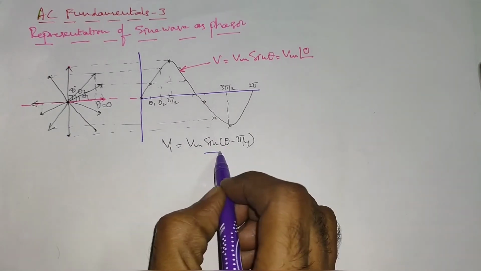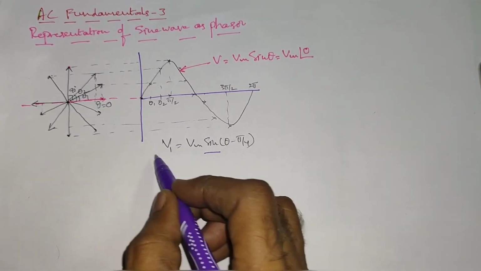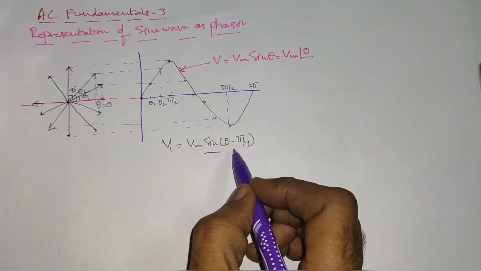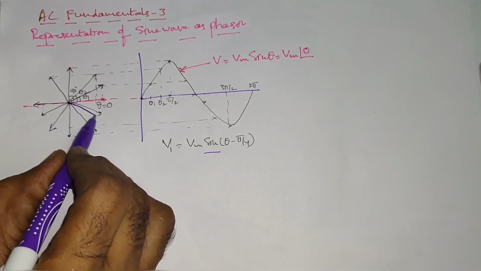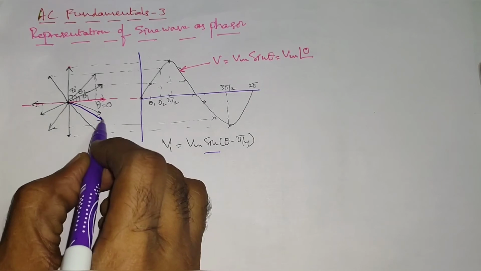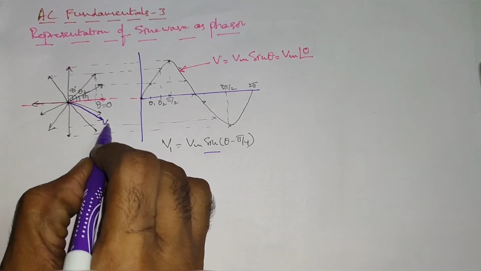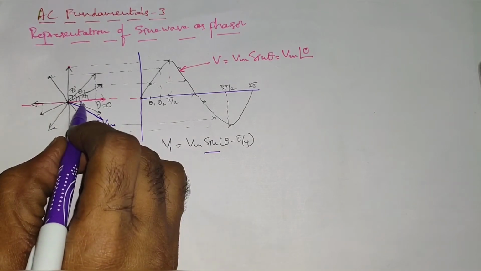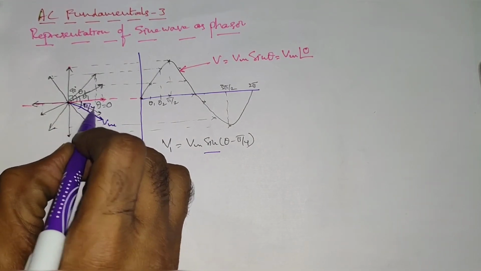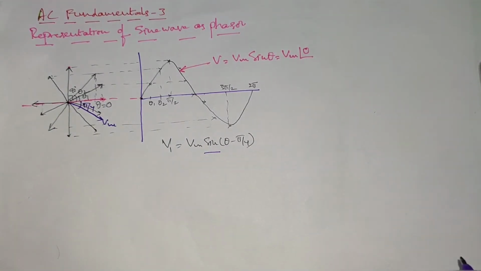For this waveform, the initial position will be, so this will be our Vm, which is going to have a lagging angle of 45 degrees.